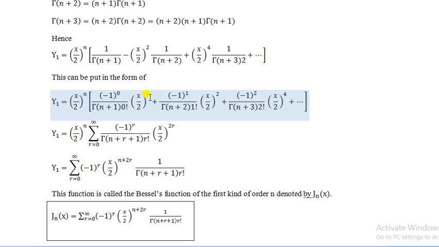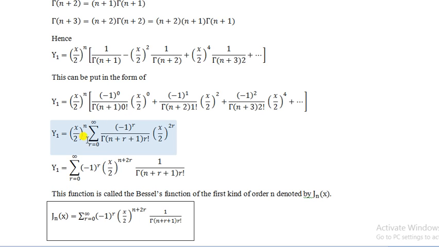Next one is (x/2)^0, (x/2)^2, (x/2)^4, and so on. So 0, 2, 4, etc. is denoted as the power becoming 2r.